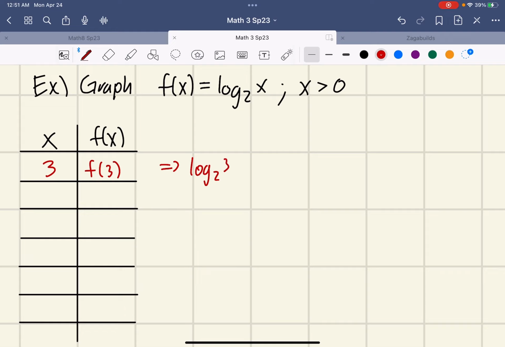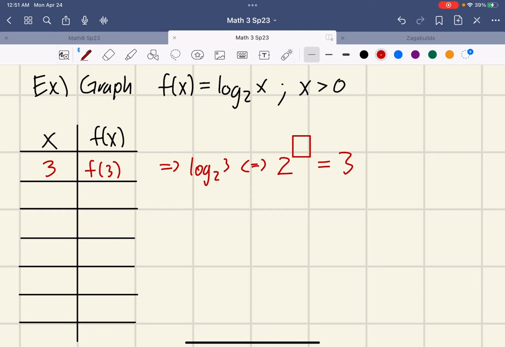Now, I did say I don't know how to handle this. I have to rewrite this into its equivalent form, which would be the base of 2, still a base, but then the argument is what we want the base to some power to be equal to. So I need to try to find an exponent that's going to give me 3. Now, does this exist? Yes.